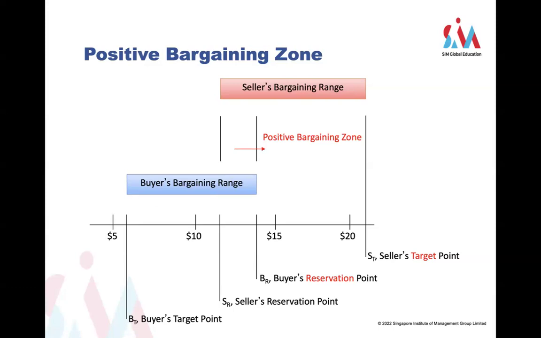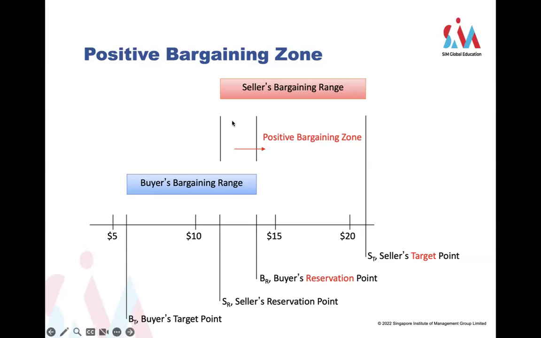In a negotiation, we look at two parties' perspectives, the seller's as well as the buyer's. The seller will have its own bargaining range, and the buyer will also have his own bargaining range. This bargaining range is the region between the target point and the reservation point.